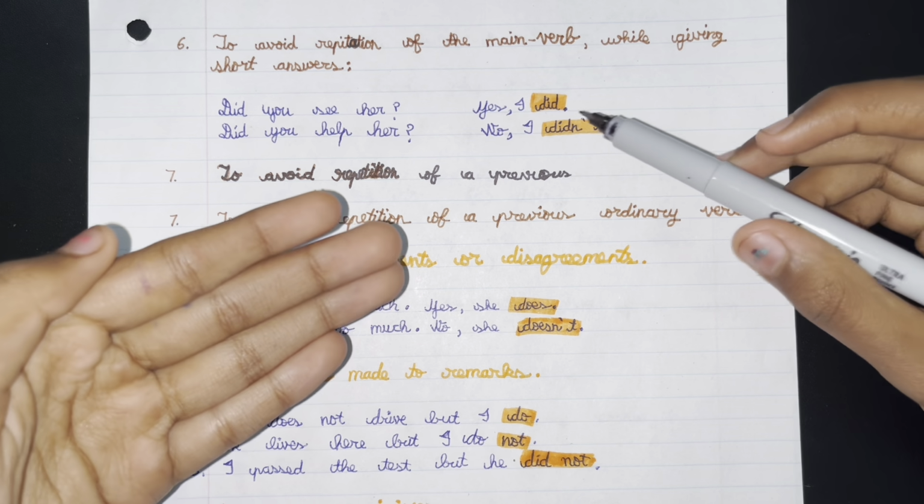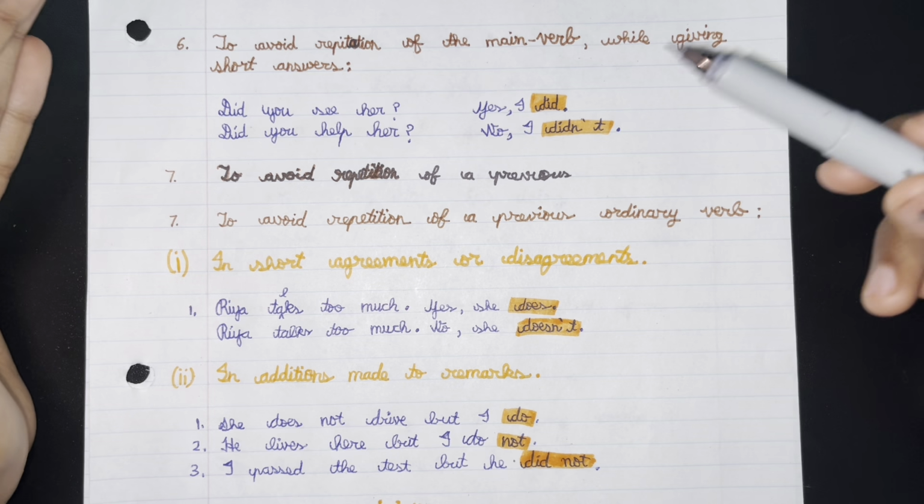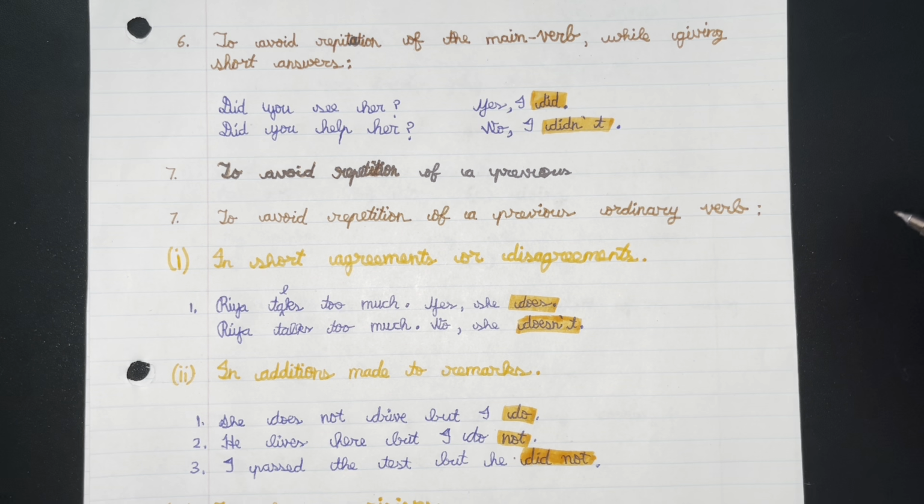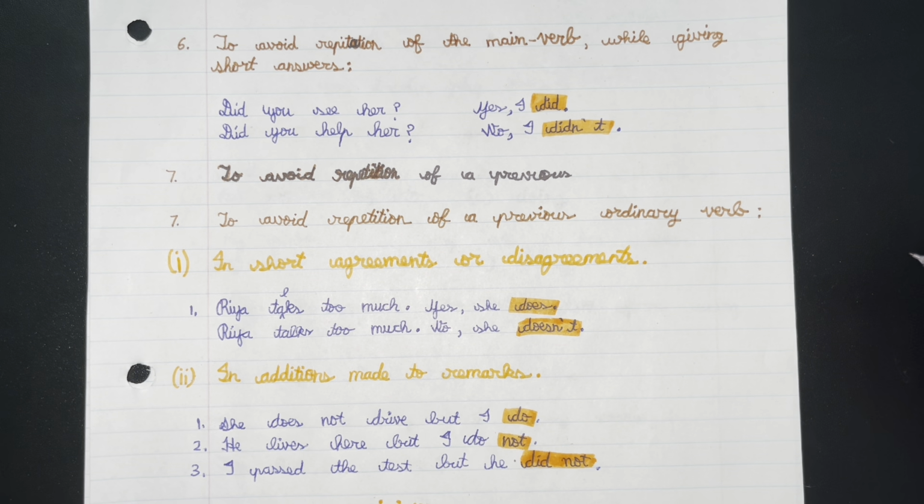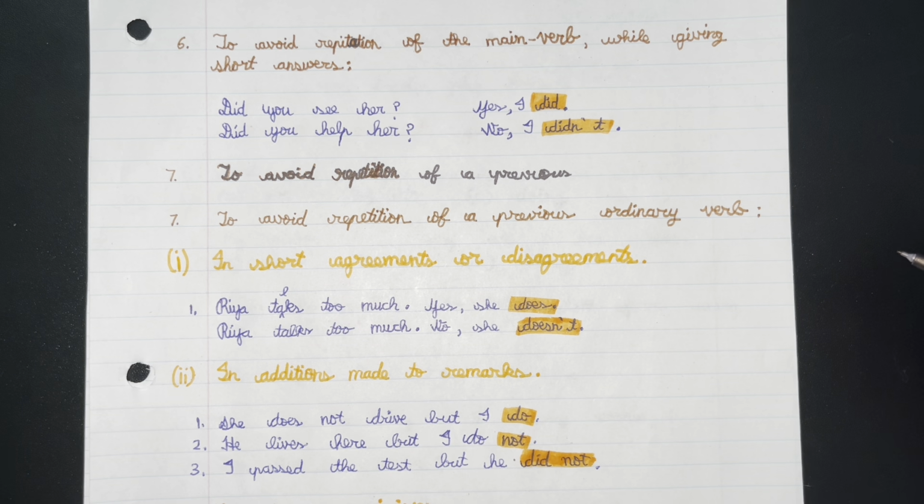Second example, did you help her? No, I didn't. So in this sentence, you're using didn't instead of a really big answer. While answering, you're not repeating the main verb from the question. You don't have to give a really big answer like, no, I didn't help her. You could just say, no, I didn't.